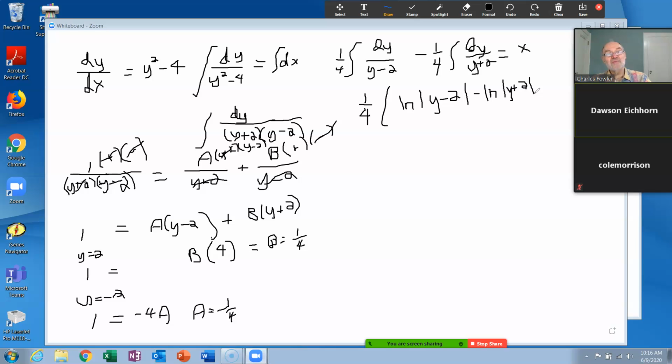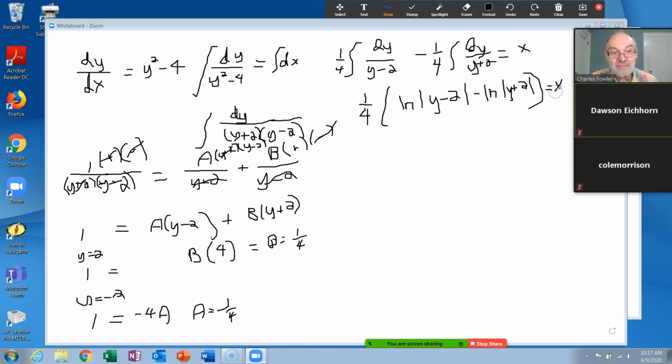And I don't know whether to put a plus c there or a plus log c. I just don't know for sure which is going to work best. I need to close this parentheses because that 1/4 is out there in front of all that. And so let's equal x.